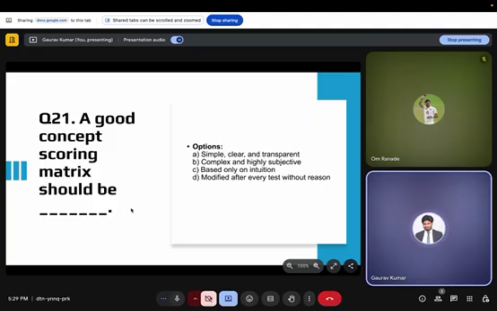So option B, complex and subjective, and option C, based only on intuitions, contradict the scientific intent of the methodology. Option D, modified after every test without reason, reflects procedural instability.